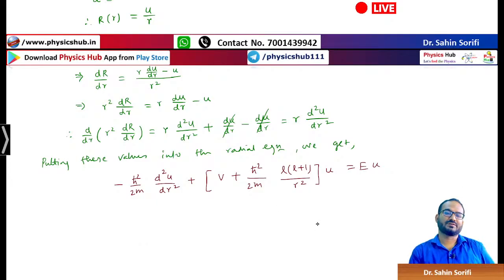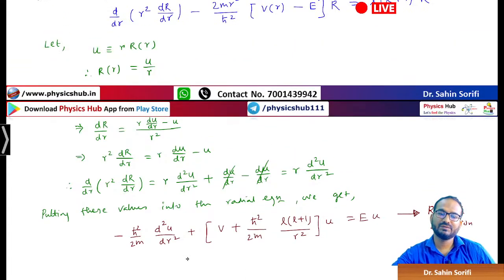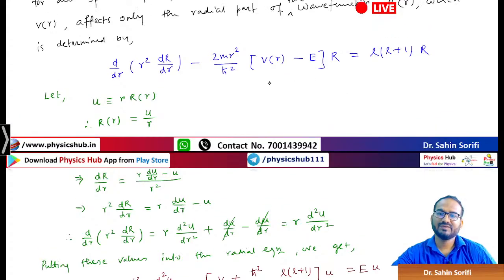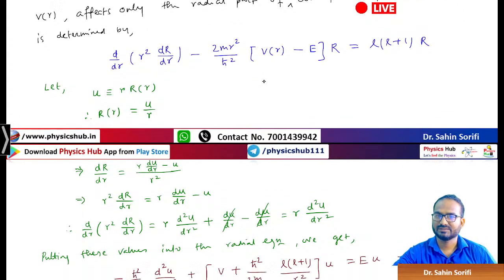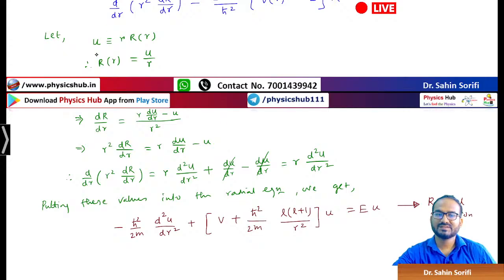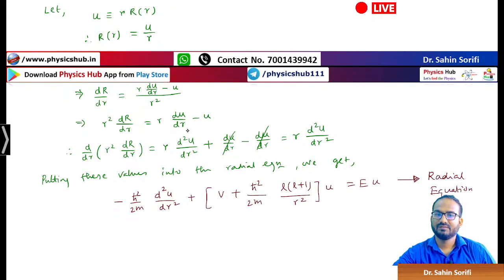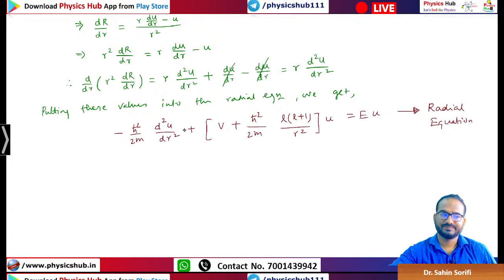This is actually called the radial equation. Now this equation is particularly very important. This is known as the radial equation. Now why did we require to represent it in this form? Because previously we had a form that was not so familiar to us, but after making these changes of variable, we have turned it into a very familiar form.